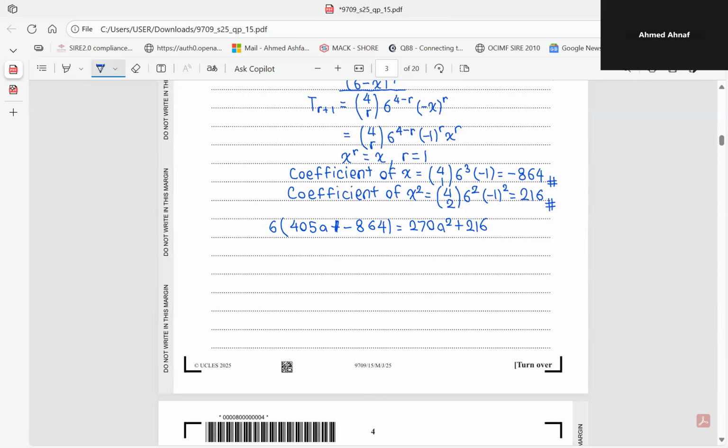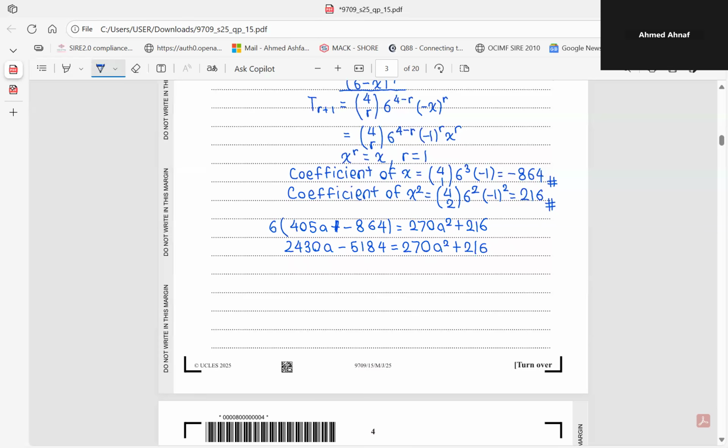Okay, now let's simplify this. 405 times 6, that's 2430a, minus 864 times 6, you get minus 5184, equals 270a squared plus 216.